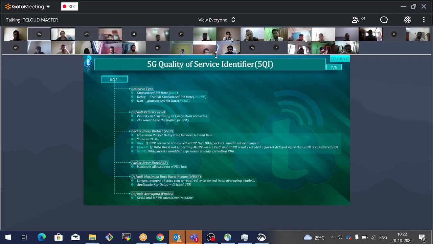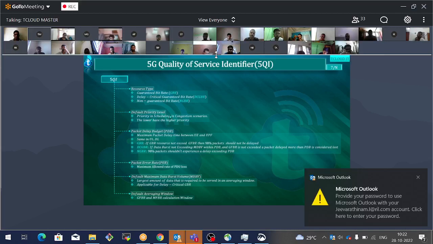Next, default priority level. It's a priority value that is an important decision-making factor while scheduling the resources, especially in congestion scenarios.